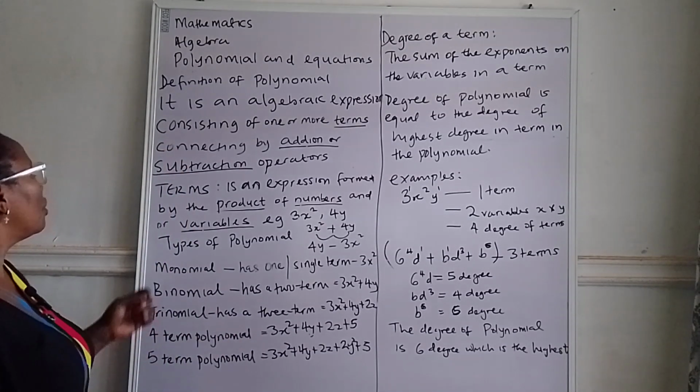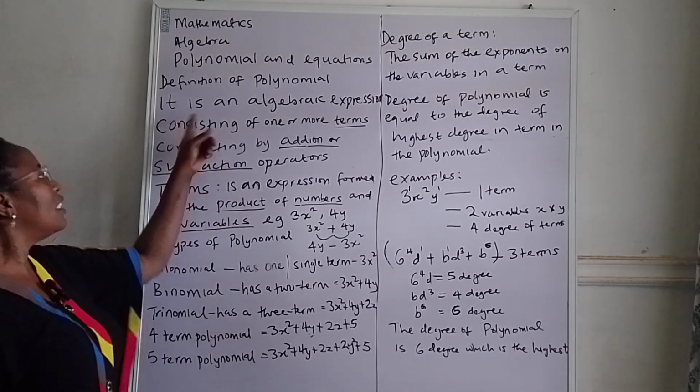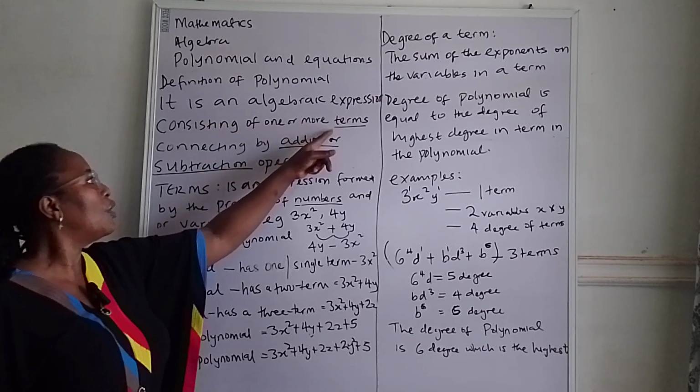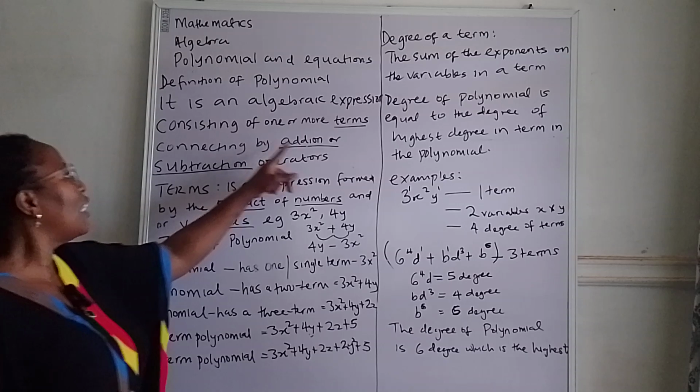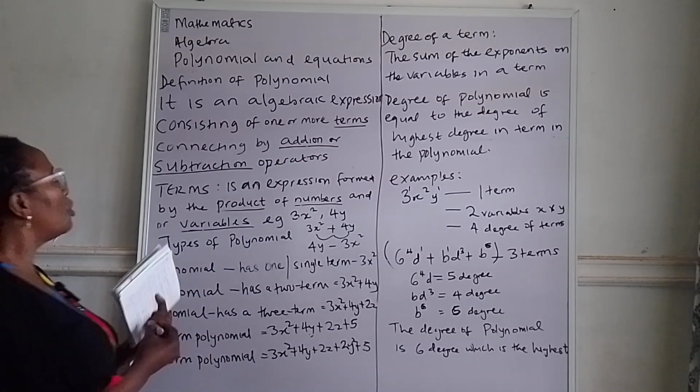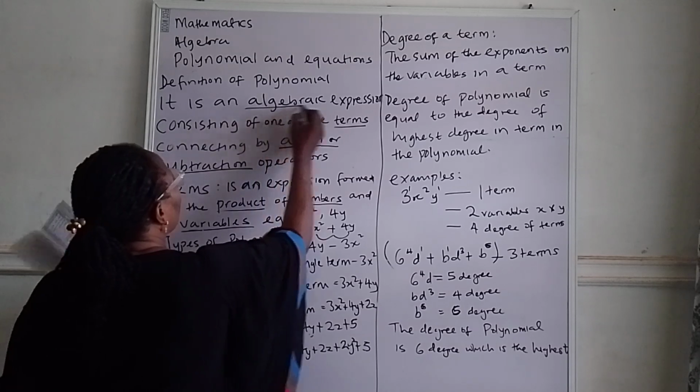By way of definition, a polynomial is an algebraic expression consisting of one or more terms connected by addition and subtraction operators. We are going to be talking about what an algebraic expression is.